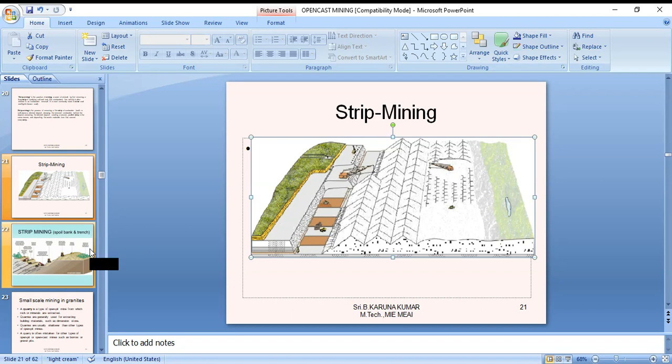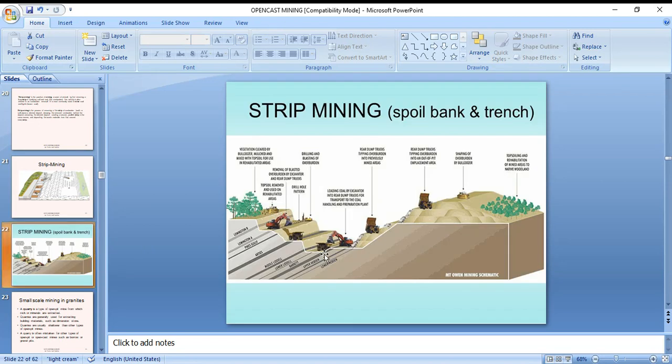And one more sketch you can observe here, where there is strip mining, spoil bank, and trench. You can easily identify the various activities going on each bench. So this is a continuous operation exposing the ore deposits. Ore deposits are also extracted in strip manner. A dump will be happening.